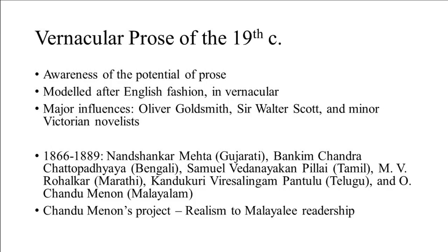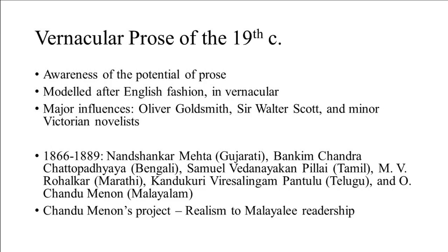Some of the major influences are The Vicar of Wakefield by Oliver Goldsmith, Sir Walter Scott's novels, and novels by many minor Victorian novelists like Benjamin Disraeli, Bulwer Lytton, Marie Corelli, Wilkie Collins, and G.W.M. Reynolds. They were a major influence on Indian novelists mainly because it was their novels that were widely available in print and widely circulated cheaply to a large variety of Indian readership. So these acted as a major influence in this early phase of the novel in India.